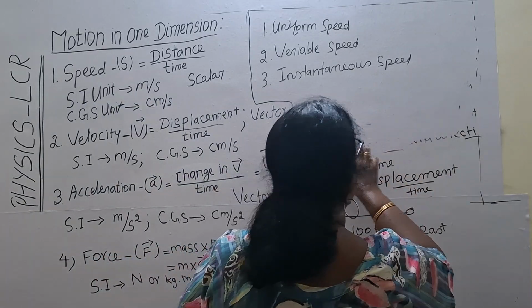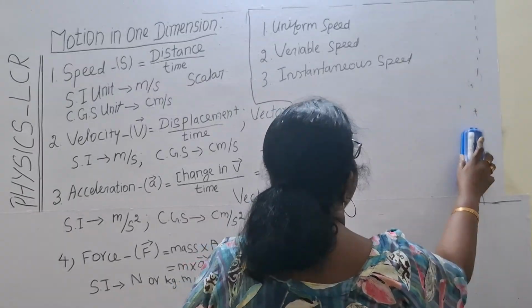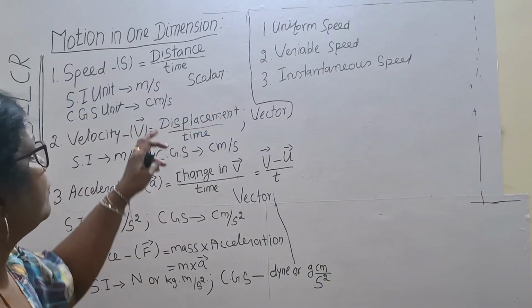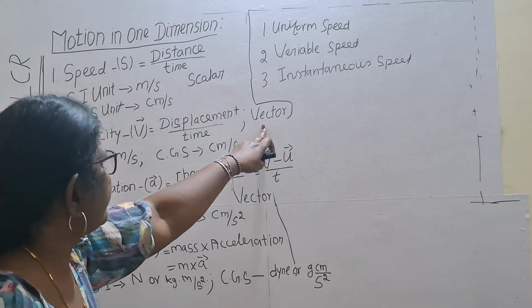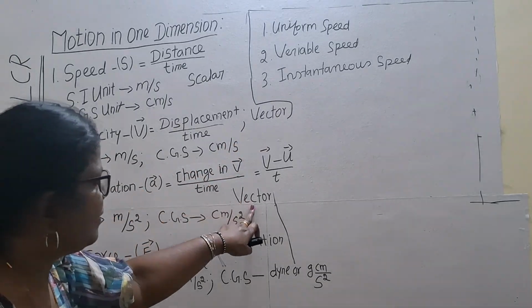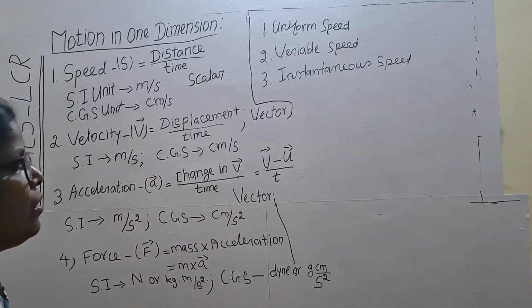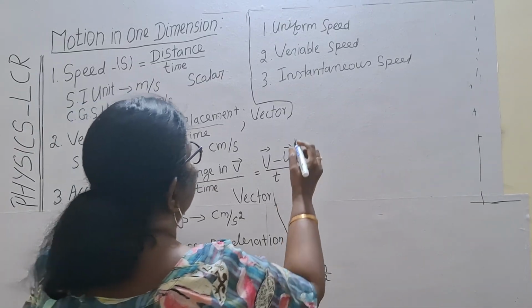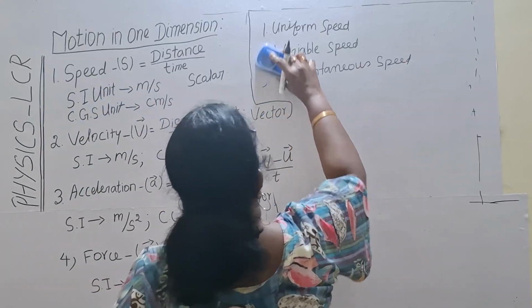Okay, next one. What is acceleration? Speed is a scalar quantity, velocity is a vector quantity, acceleration is a vector quantity, force is also a vector quantity. What is acceleration? You people know about initial velocity, final velocity.